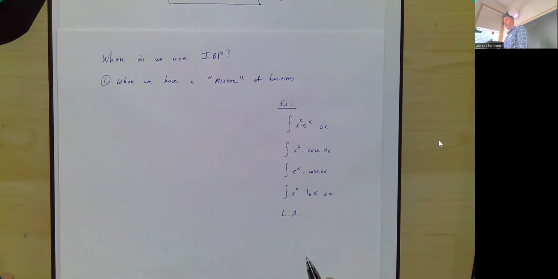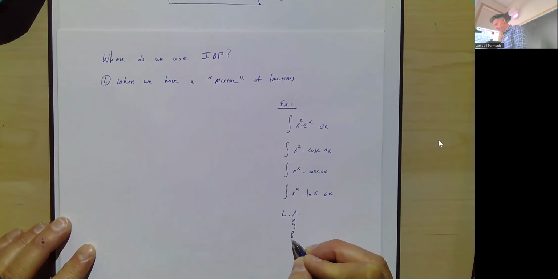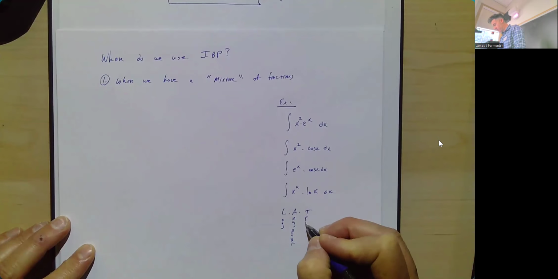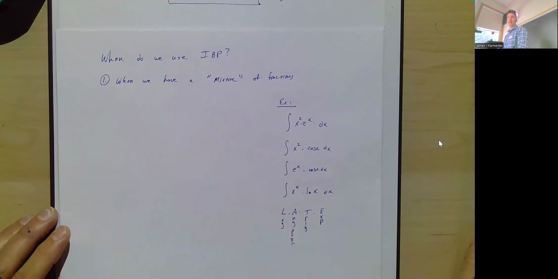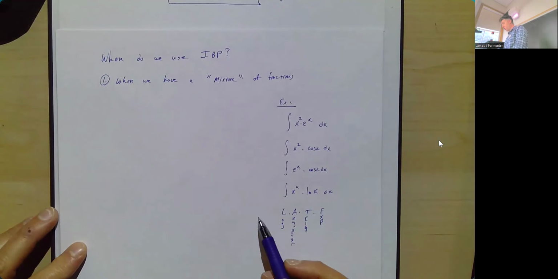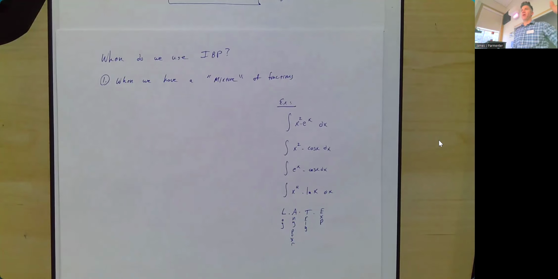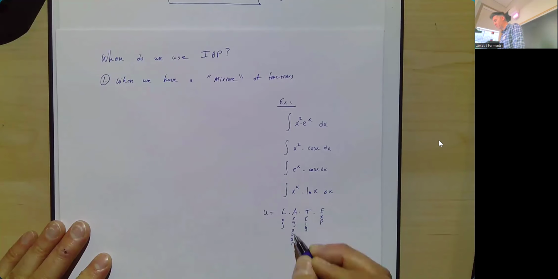All those are algebraic, or as I like to say, any power. And then we have trig functions, and then we have exponential functions, meaning e to the x. And this is the order that we usually try. It almost always works. Occasionally there are weird ones where it doesn't. This is usually the order that you try picking u in.